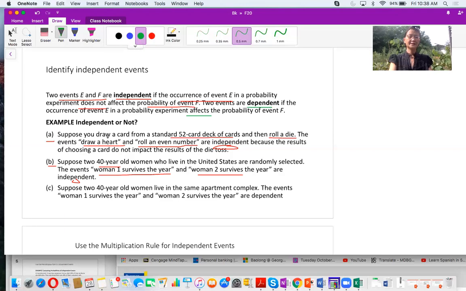And now look at this example. Suppose two 40-year-old women live in United States in the same apartment complex. The events, woman 1 survives the year and woman 2 survives the year are dependent.